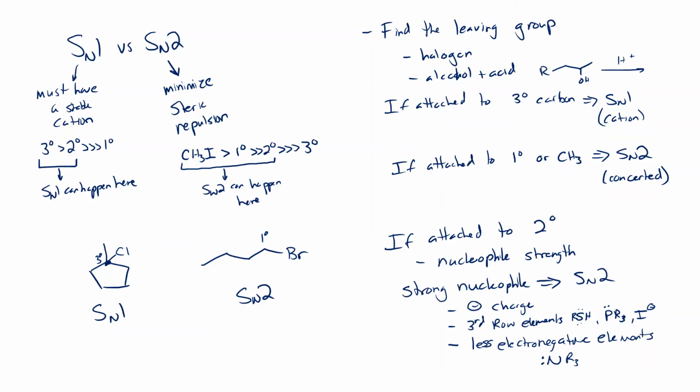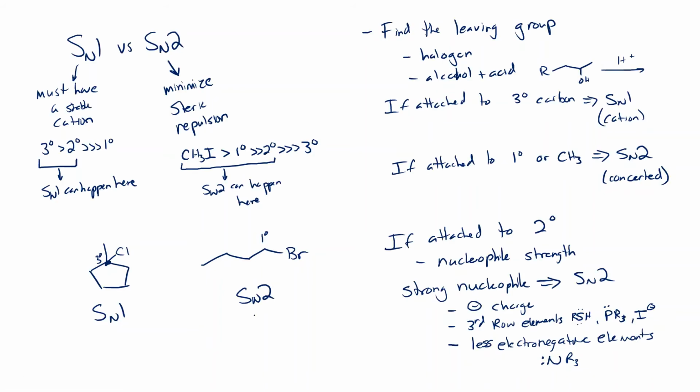Weak nucleophiles will, of course, favor SN1 reactions. What are weak nucleophiles? Weak nucleophiles are almost always things like alcohols. They're the big ones because neutral oxygen is a very electronegative element.